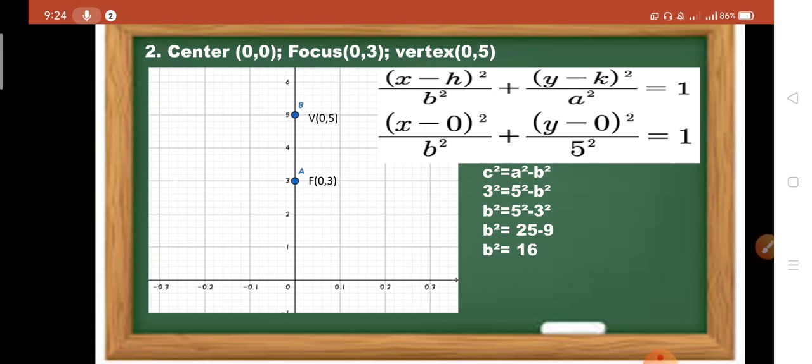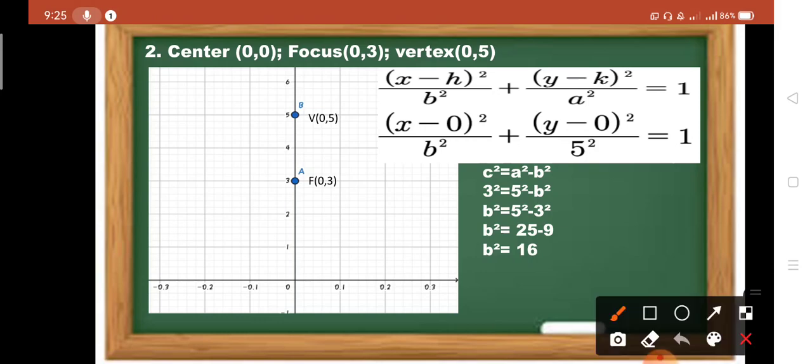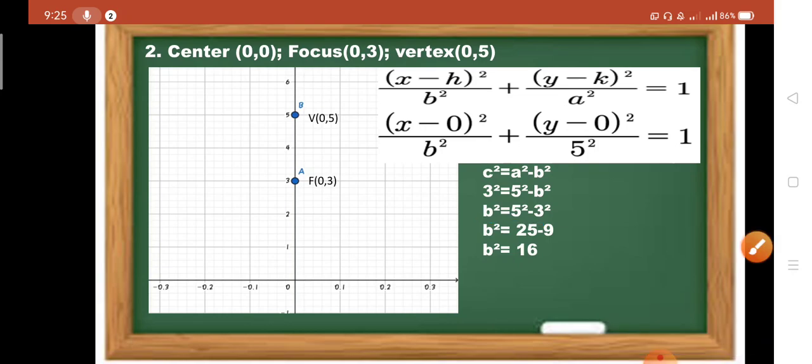So 3 squared equals 5 squared minus b squared. By using the additive inverse, we come up with b squared equals 5 squared minus 3 squared. 5 squared is 25 and 3 squared is 9. So 25 minus 9 is 16. The value of our b squared is 16.